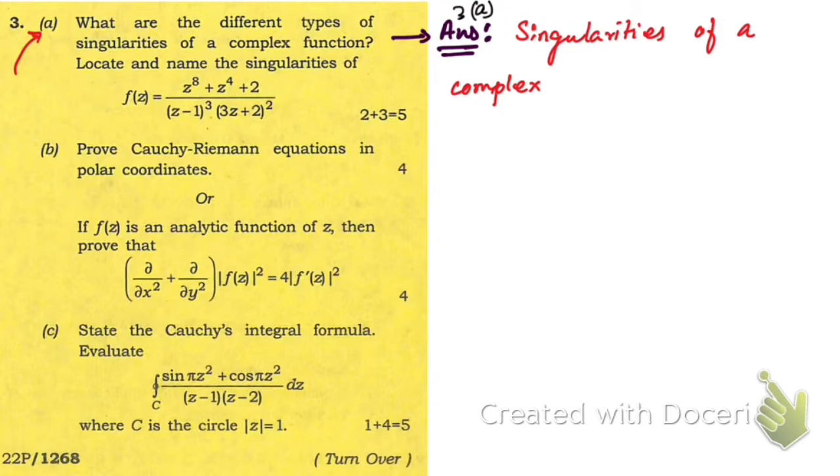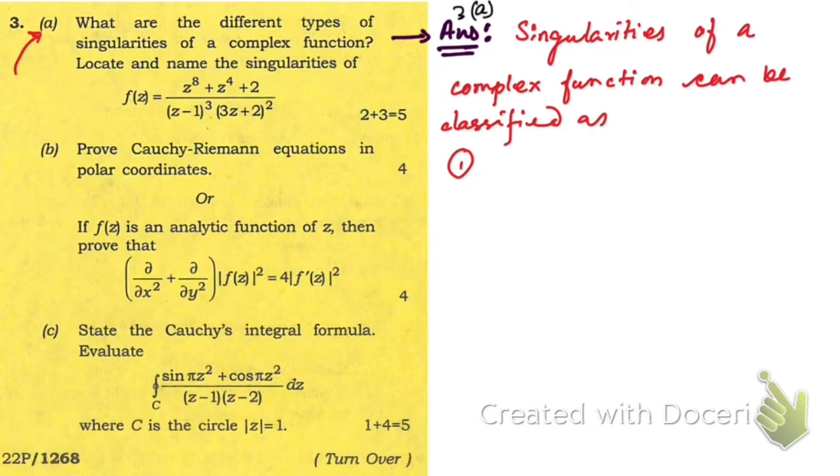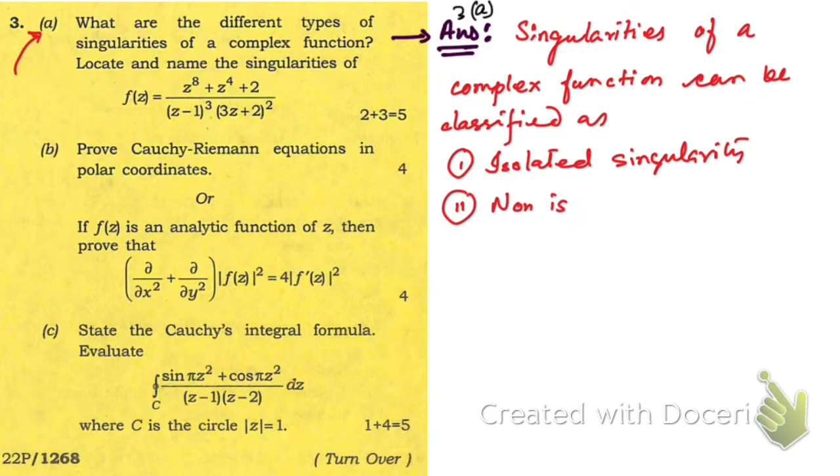So singularities of a complex function can be classified as number 1, isolated singularities, and number 2, non-isolated singularity.